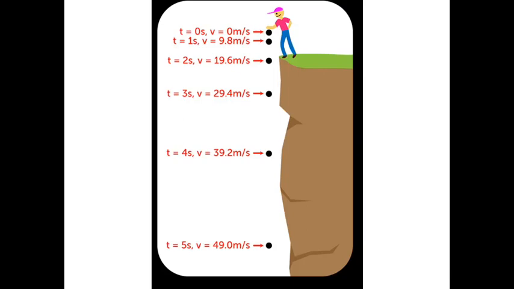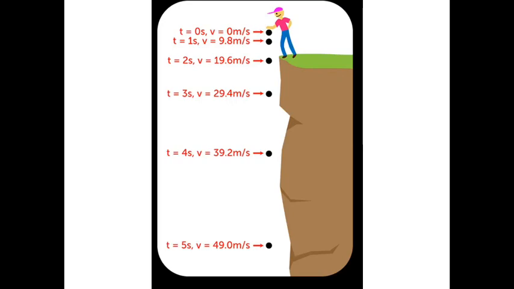All right, in this particular picture, we can see what happens when an object is dropped. So at the very top, the object starts off at time 0 with a velocity of 0. It's dropped from rest. After 1 second, its velocity is about 9.8 meters per second. And to be exact, we're going to say that's negative 9.8 meters per second because it's acting in the downward direction. Between 1 second and 2 seconds, the thing accelerates due to gravity, which, remember, is about 9.8 meters per second every second in the downward direction.